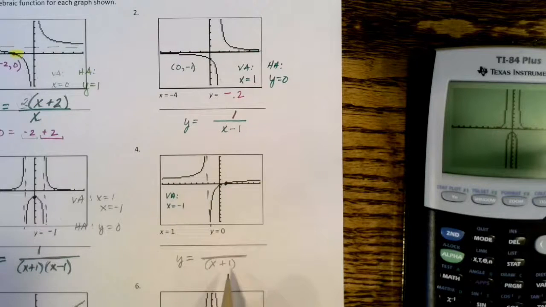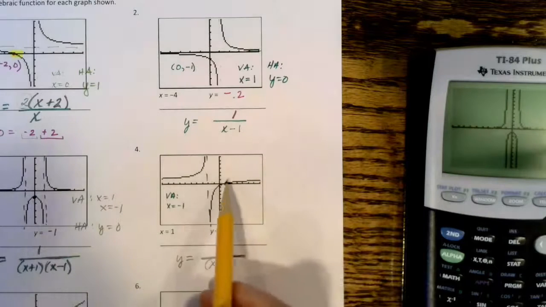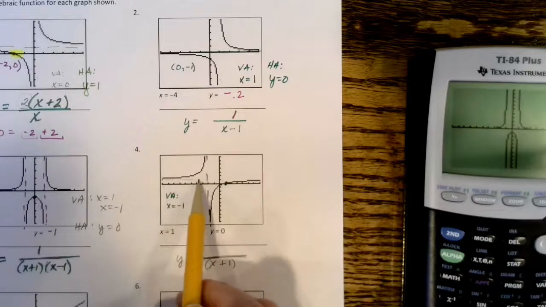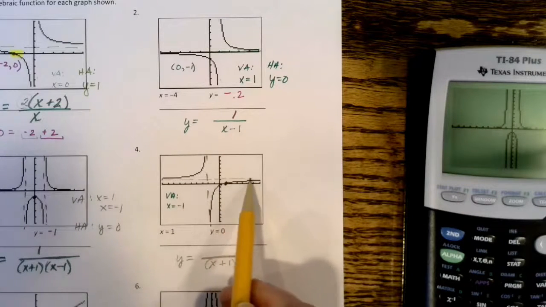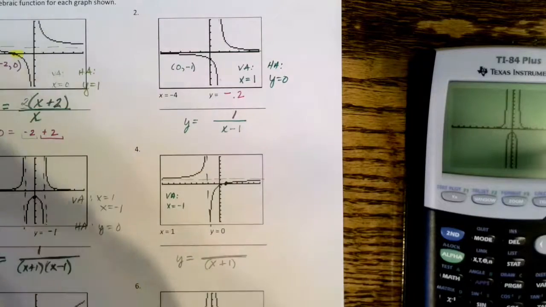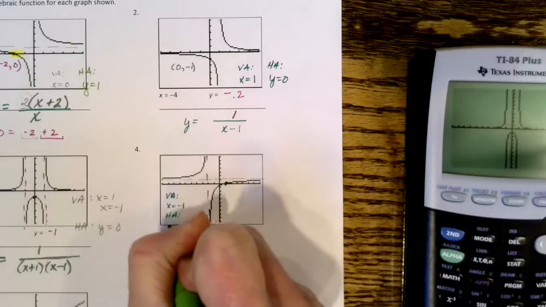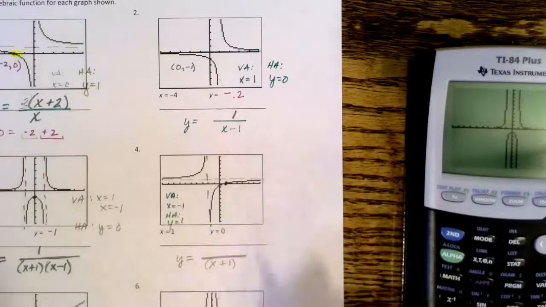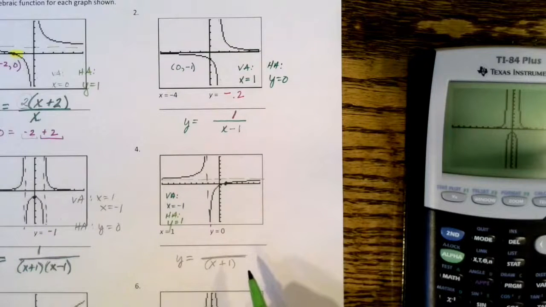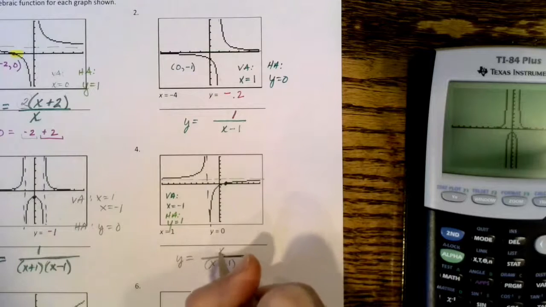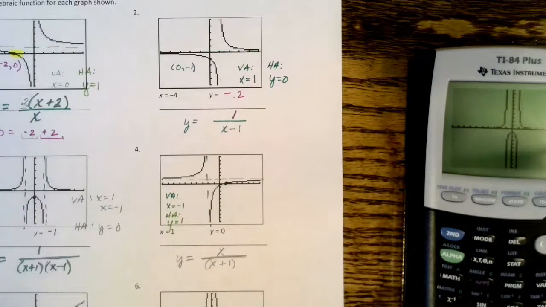All right, let's talk about my numerator. It looks to me like I have a horizontal asymptote, and my horizontal asymptote looks like y is equal to 1, which means that has to be the coefficient of the fractions, which means there's at least an x hanging out up here.